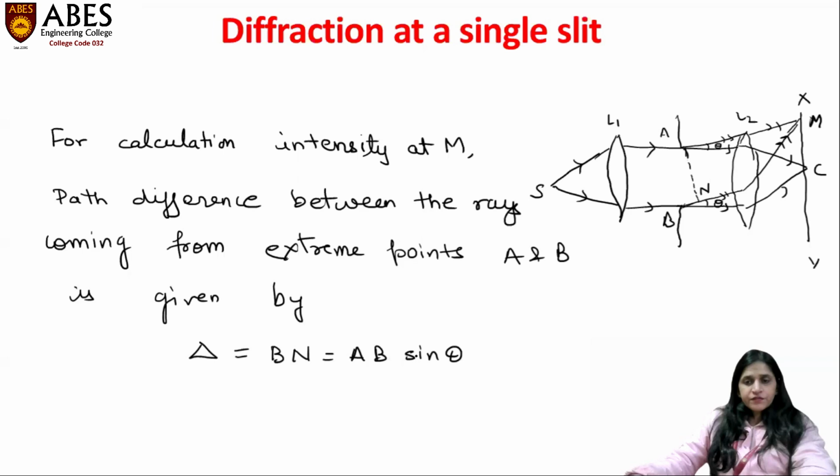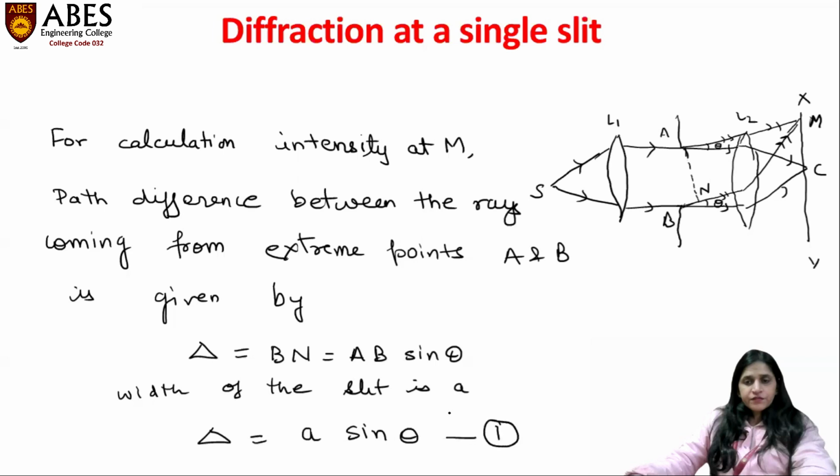From the geometry, it is clear that the path difference is AB sine theta, and AB is the width of the slit. Suppose the width of the slit is A. So the path difference is A sine theta. This is equation number 1.